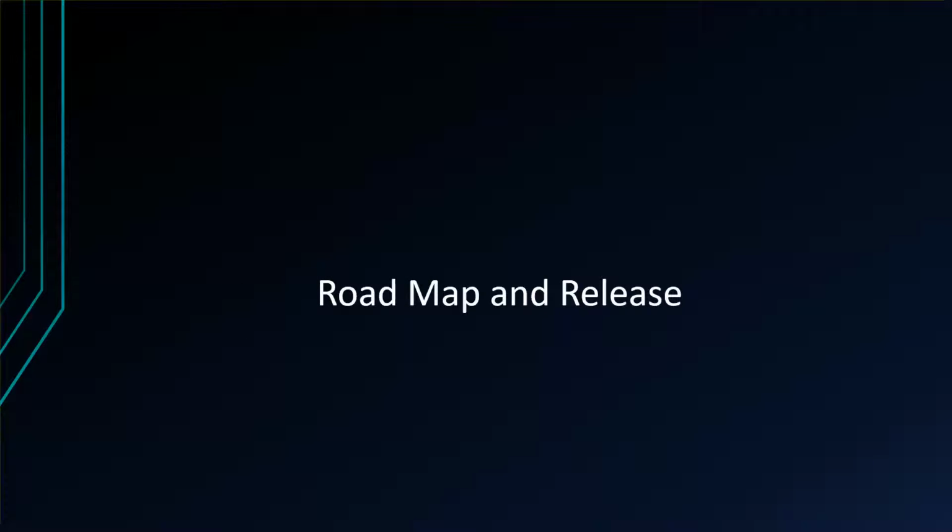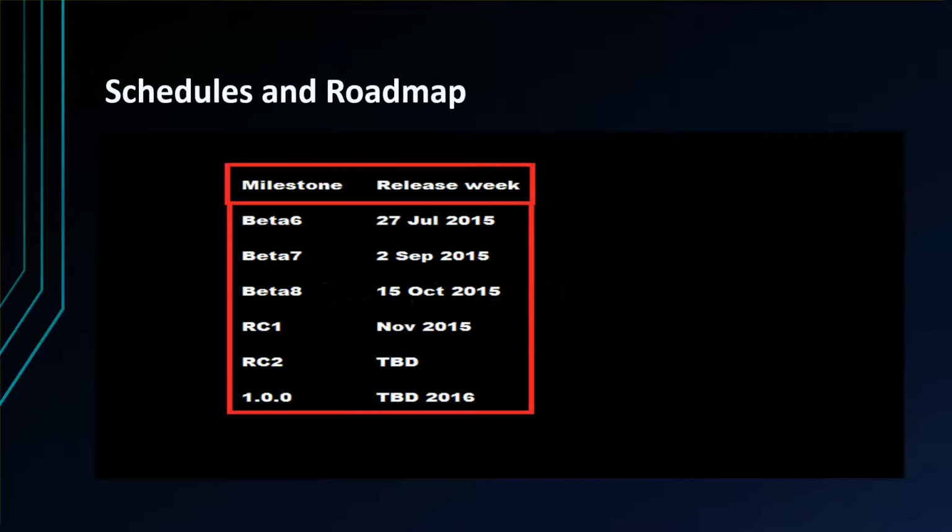So what exactly is the roadmap, and what versions has Microsoft released so far? Beta 6 was released on 27 July 2015, and beta 7 and beta 8 were released in November 2015. RC1 is the major release from Microsoft with respect to MVC 6 and ASP.NET 5.